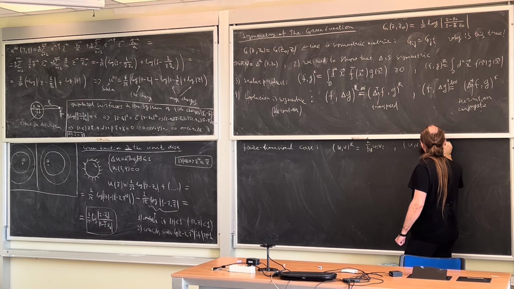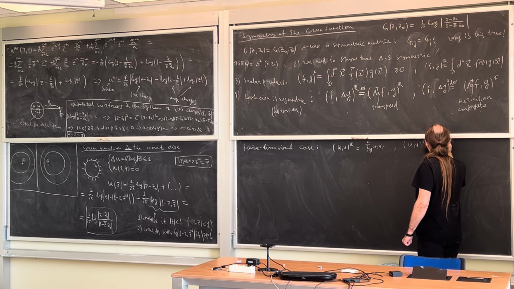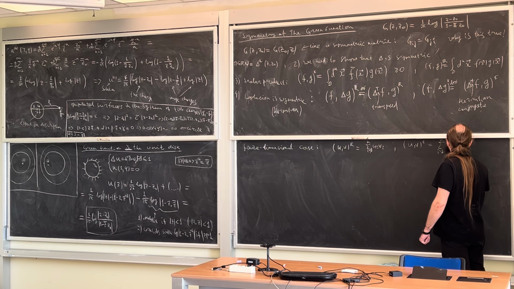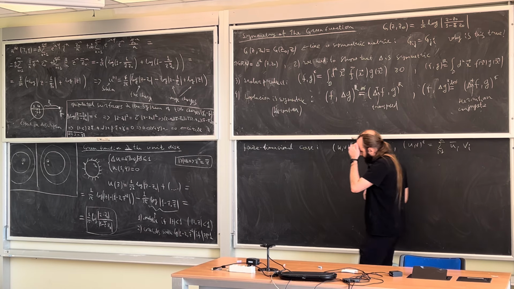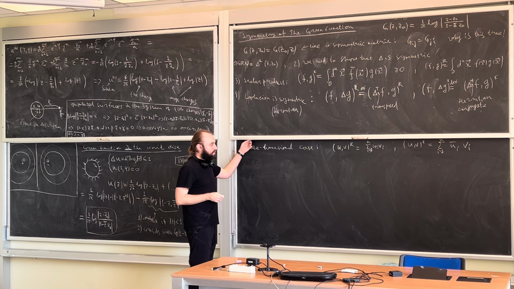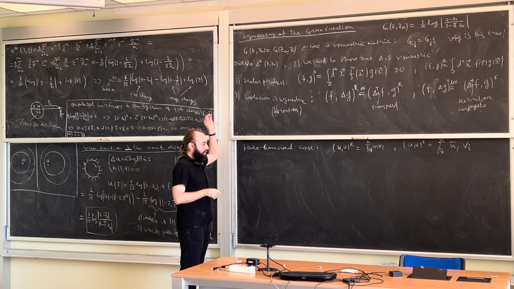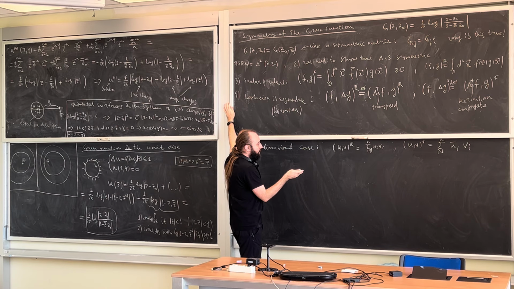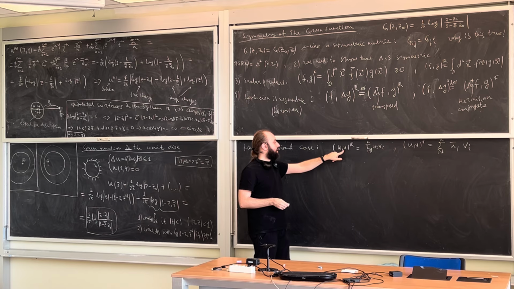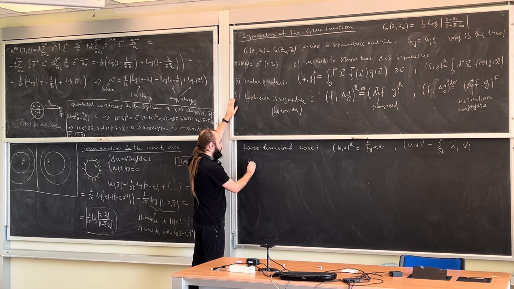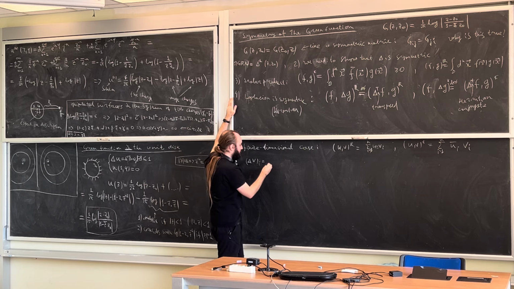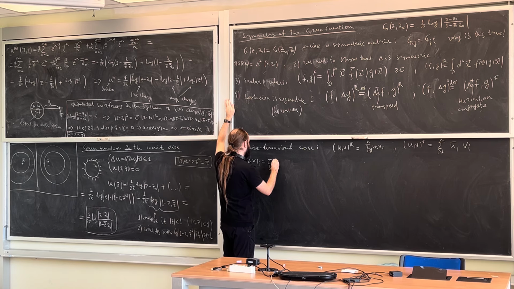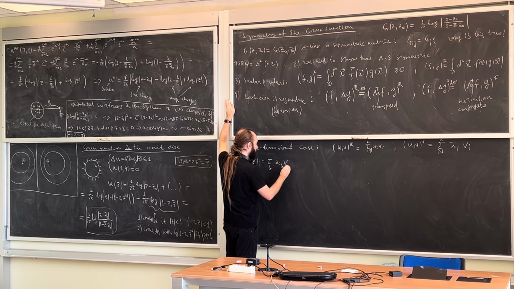Hermitian scalar product is sum from 1 to n of ui bar vi. So suppose that we have an operator delta that acts on v, and its ith component equals to sum over j delta ij vj.